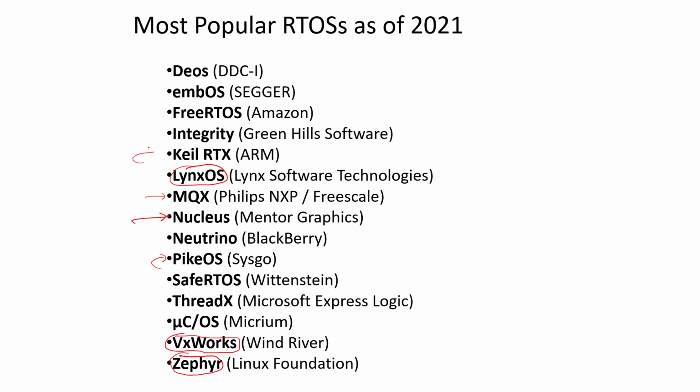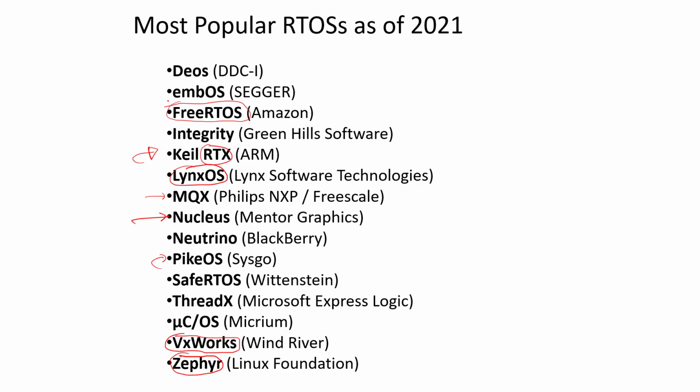Keil is becoming very popular mainly because it runs on ARM. And as you know, ARM is a market leader for the IPs of all small embedded systems. So that's the reason Keil RTX is something that has been receiving a lot of attention these days. Integrity is also a nice product, and what I personally use for course assignments is FreeRTOS, which is an Amazon product.